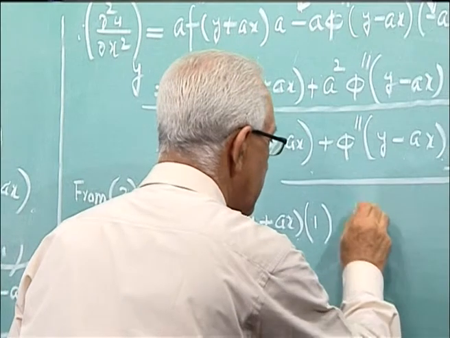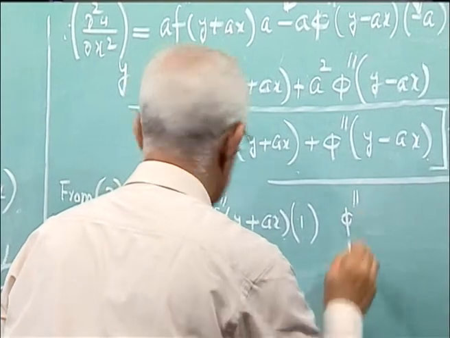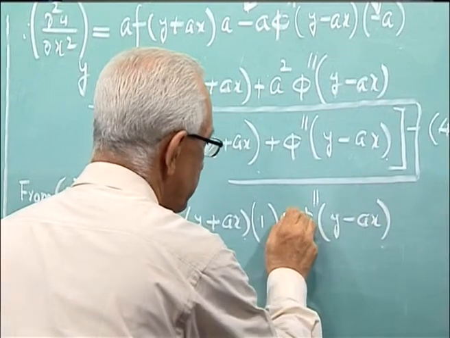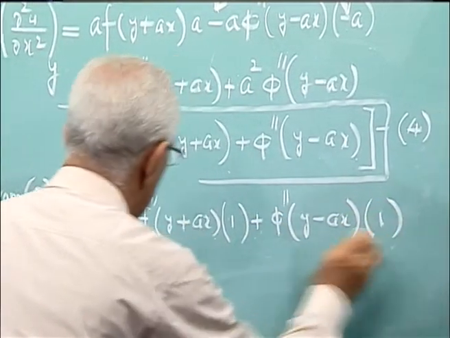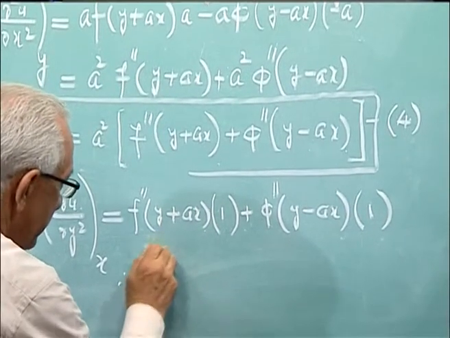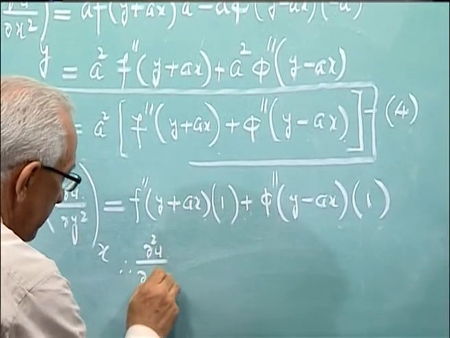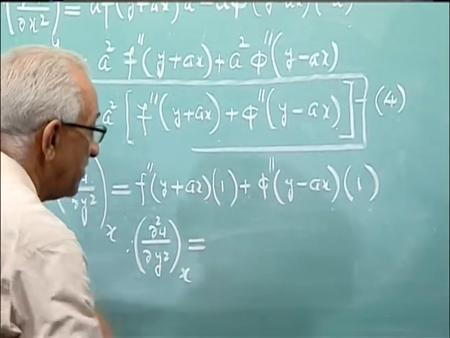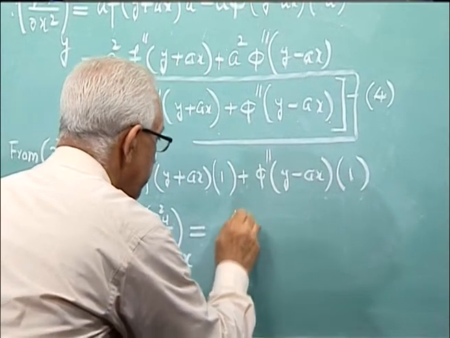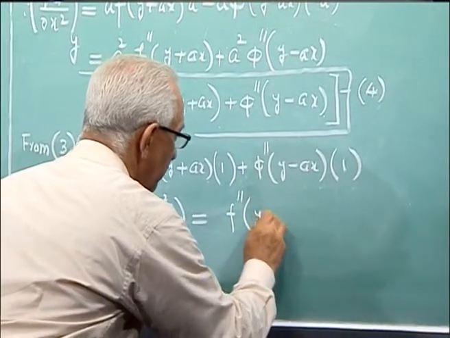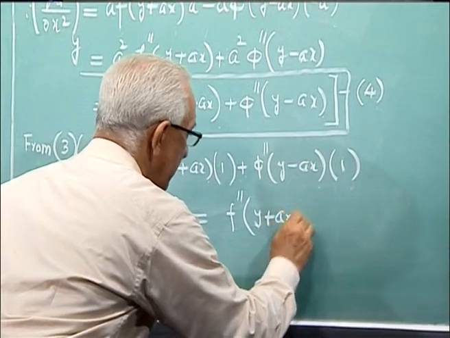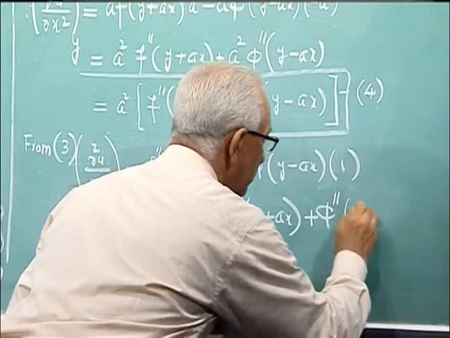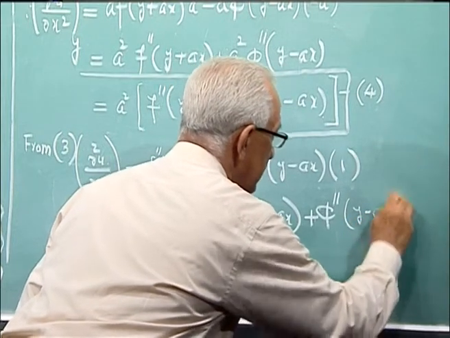This will be phi double dash y minus ax, we are doing with respect to y, so it will be again 1, and finally I will be having d2u dy square, x is to be treated as a constant, and we will be having here f double dash y plus ax plus phi double dash y minus ax.